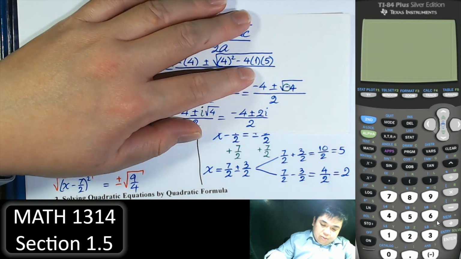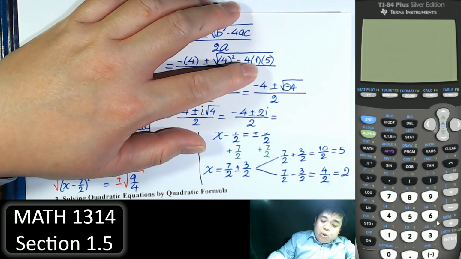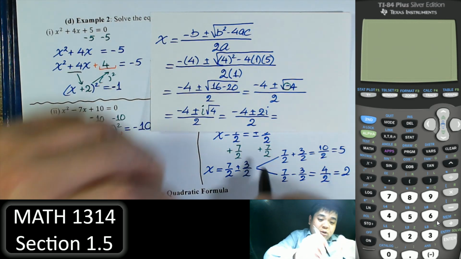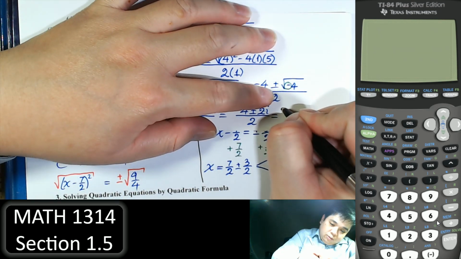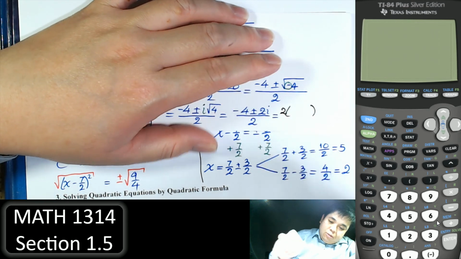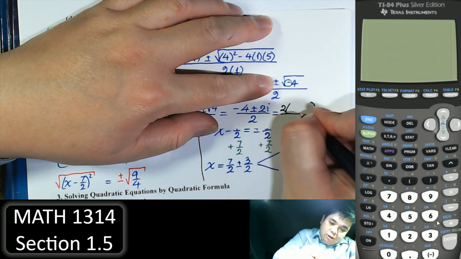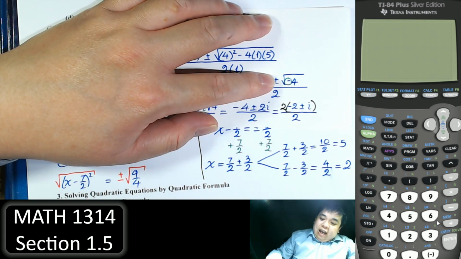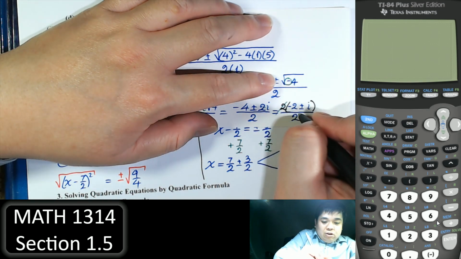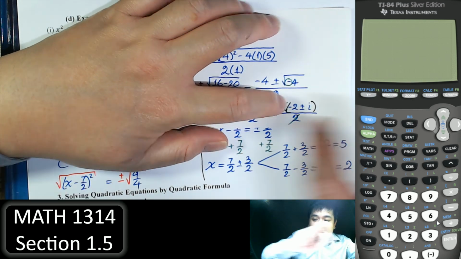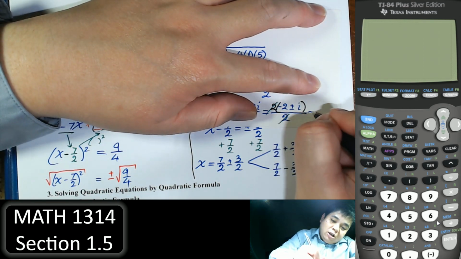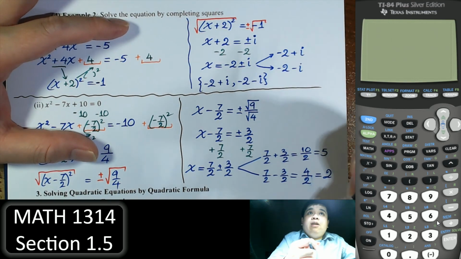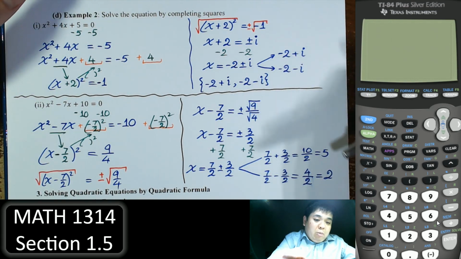So here what we can do is both of them divide by 2, so we factor out the 2. Factor out the 2, we have negative 2 plus or minus i. And we can only cancel when it is a product, when it's multiplied. So that is negative 2 plus or minus i. Because that's what we have. It's the solution for this problem using the quadratic formula.